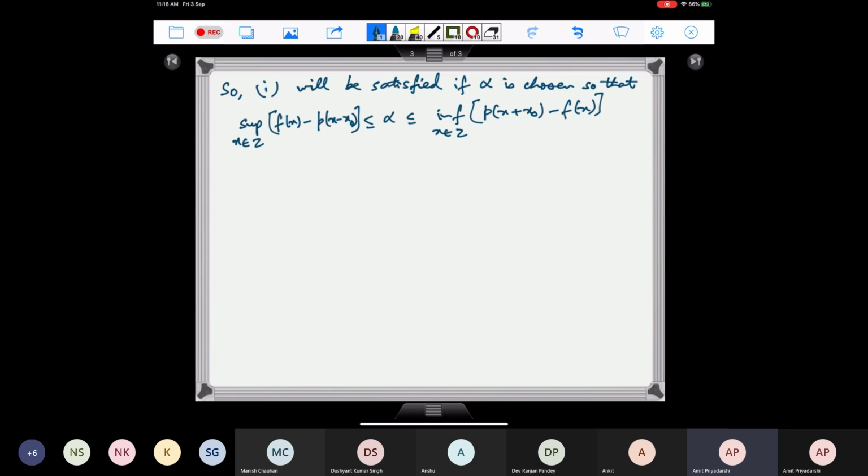If my left hand side, this supremum, is less than or equal to this infimum, then we can choose alpha between. If this one is bigger than the infimum, then we cannot find any alpha satisfying this. So what we need is that this supremum should be less than or equal to this infimum.